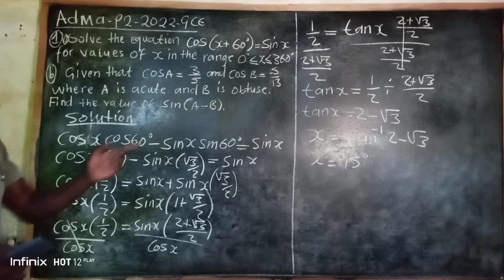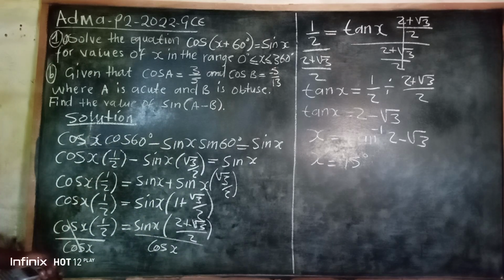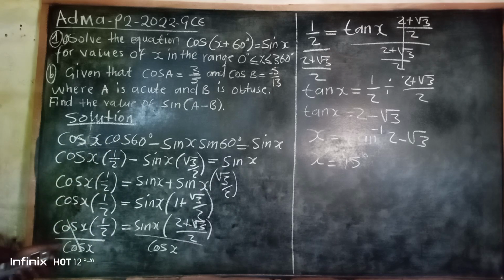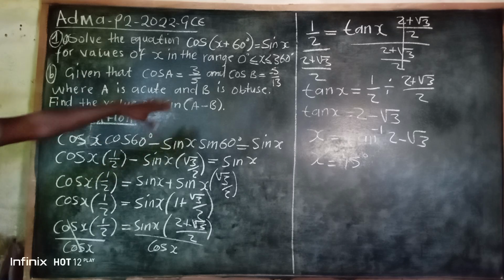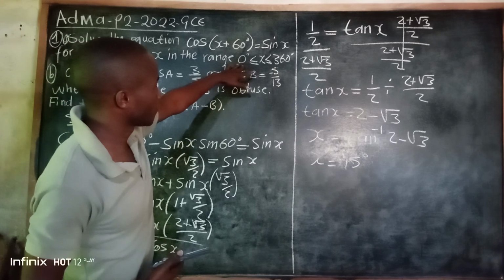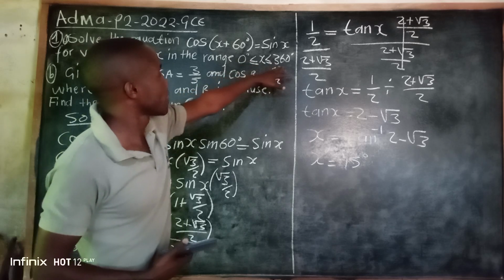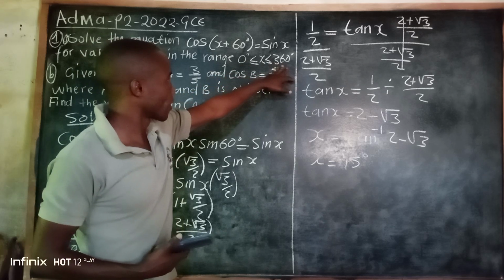Having found the value of x, remember that the value of x is just the reference angle, because we have been given the range. The range is from 0 up to 360 degrees.